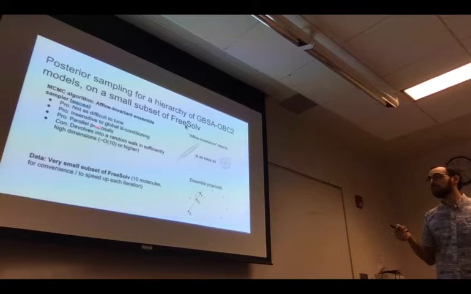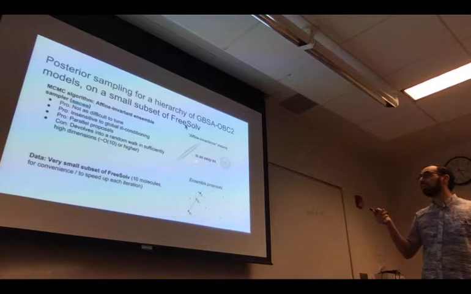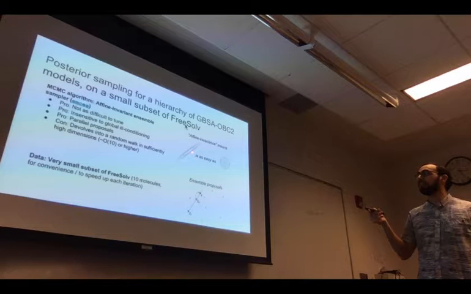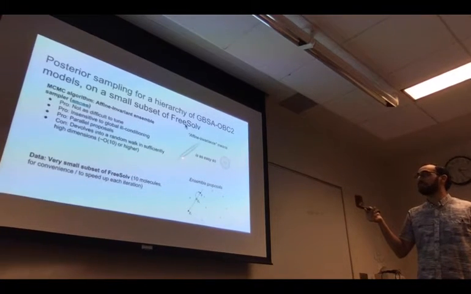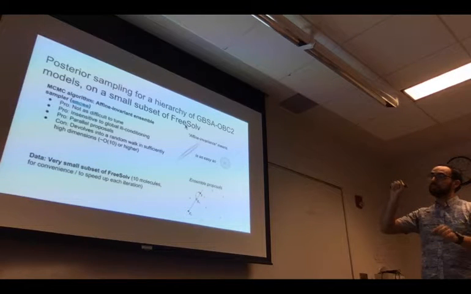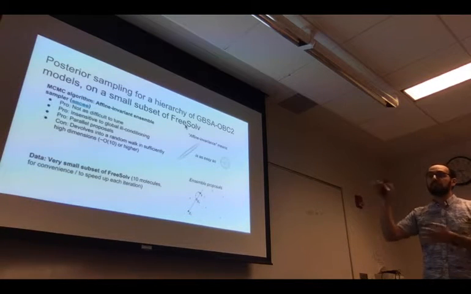The MCMC algorithm that I'm using is the affine invariant ensemble sampler due to Goodman and Weare. It has some pros and cons. The main thing is that it's affine invariant, which means that if you globally scale the coordinates in any direction by any amount, it's as easy as any other transformation.